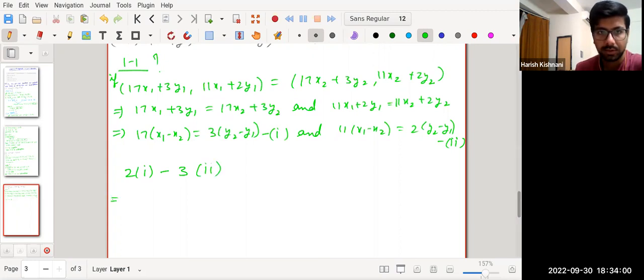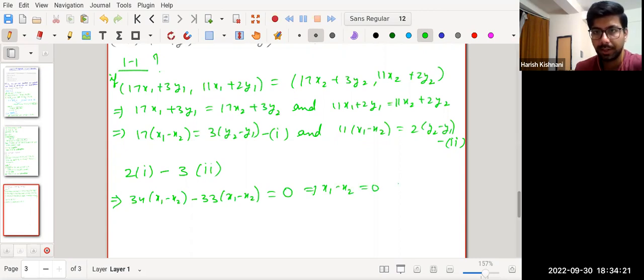That is, multiplying by 2, this will be 34(x1 minus x2) minus 33(x1 minus x2), and will have it equal to 0 on the other side, and that will imply that x1 minus x2 is 0. That will give you that x1 is the same as x2.